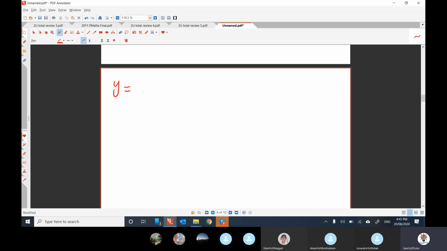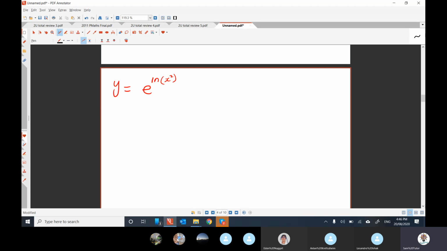Y equals e to the log of x squared. Let's do a basic one, one step at a time. Now, some of you might know the answer straight away.